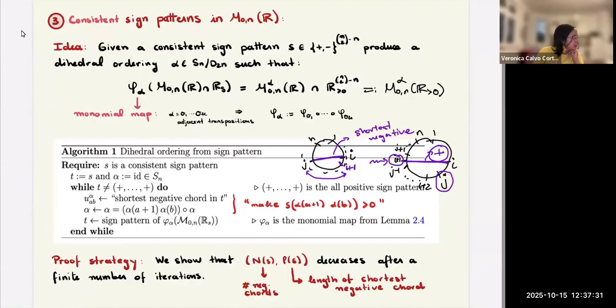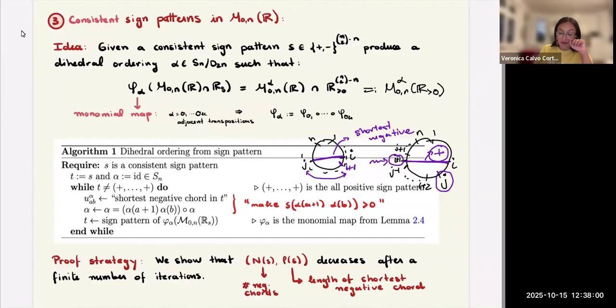So this is a little bit delicate because, of course, when we started doing this, we were really hoping that in every case, after only one iteration, we would decrease either the number of negative chords or the length, but this is not necessarily true. There are some very badly behaved sign patterns in which doing this type of swap will actually increase the number of negative chords.